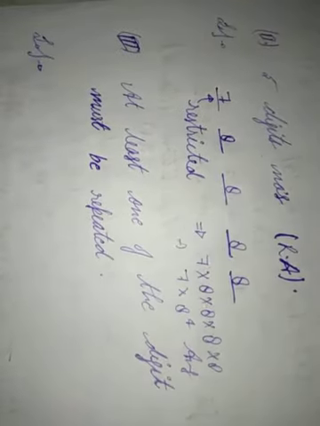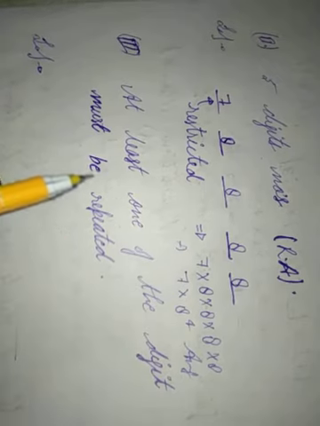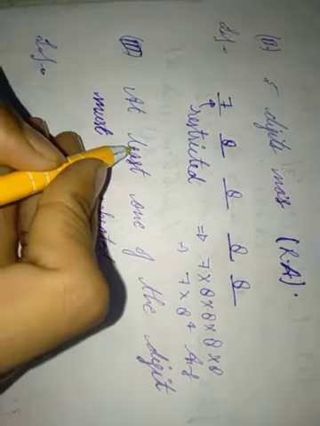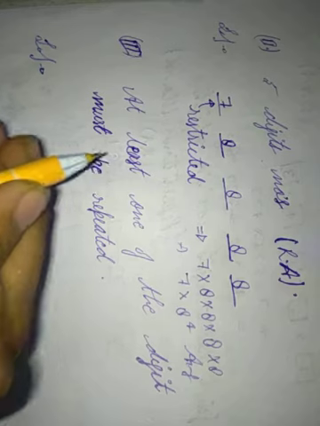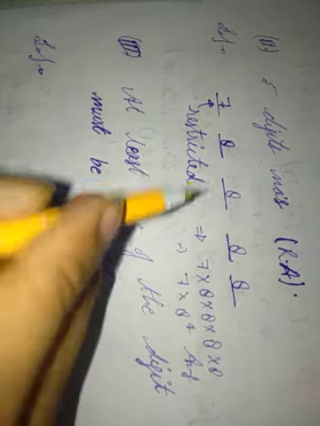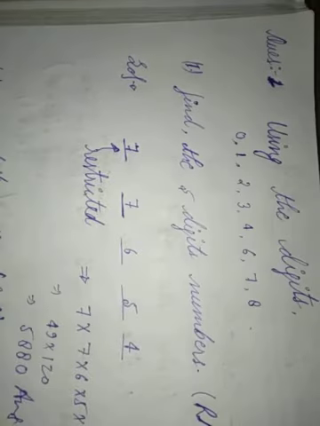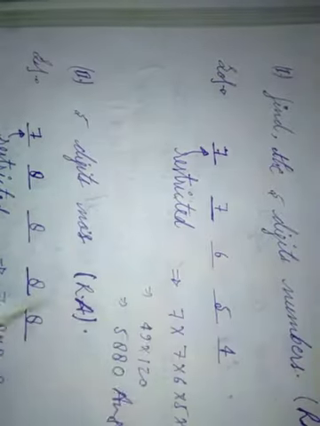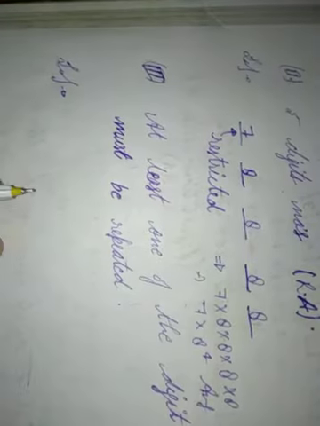Okay, let's try some more questions. In the previous lecture we already did some questions which are based on it, and we are doing some questions just like that, but in the previous question the numbers are 1, 2, 3, 4 and that's all, 0 is not given in that question, but here 0 is given.